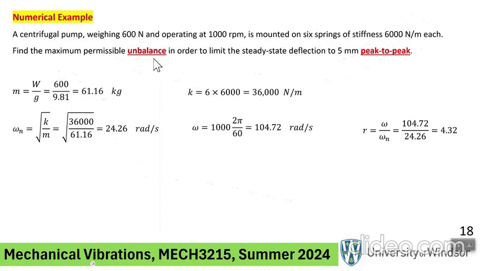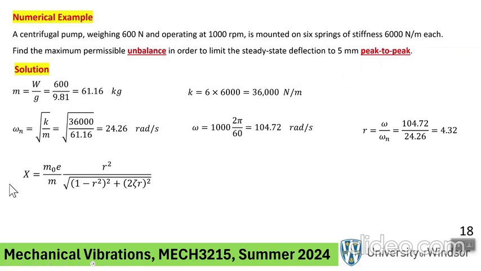That means M0, remember M0 E, that's the unbalance, so that this is the peak-to-peak deflection. Now, we're given 6 possibilities, we're given 6 choices.